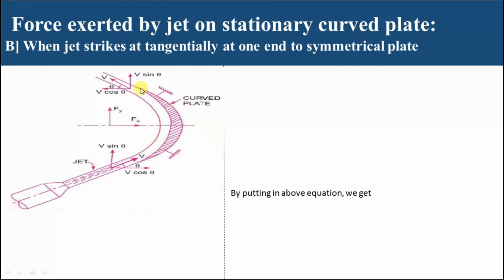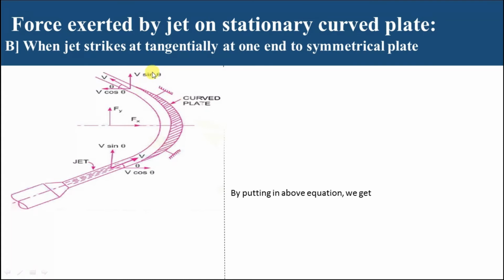Whichever end the jet strikes is called the inlet, and the other end where the jet leaves is called the outlet end or outlet tip. So this is our inlet tip and this is our outlet tip. The jet strikes tangentially at the inlet tip and leaves tangentially at the outlet tip.